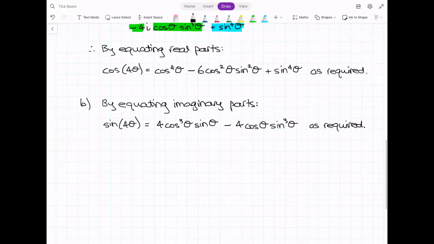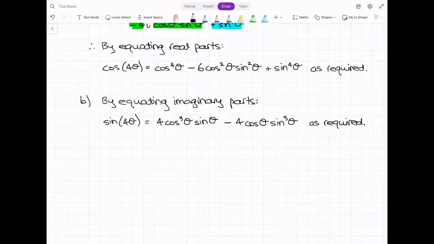And as I mentioned earlier, for part C we actually get to make use of the results we've just found in parts A and B, because we know that tan of 4 theta is equal to the sine of 4 theta divided by the cosine of 4 theta.